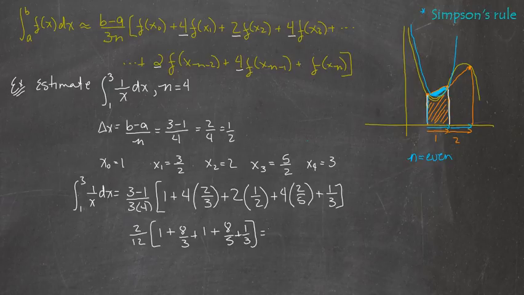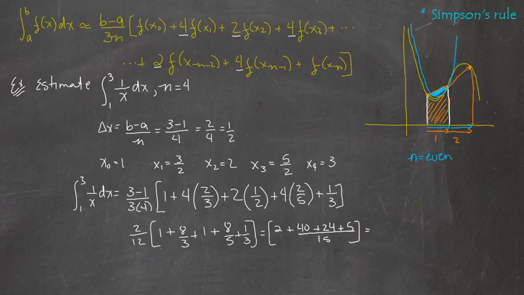Well, this is 2 plus, I'm hoping I can reduce without having to do another common denominator. Well, 3 and 5 have a common denominator of 15. So 3 times 5 is 15, 8 times 5 is 40, plus 5 times 3 is 15, 8 times 3 is 24, and 1 times 5 is 5. And these still have to be divided by 15.